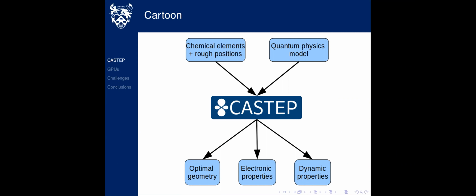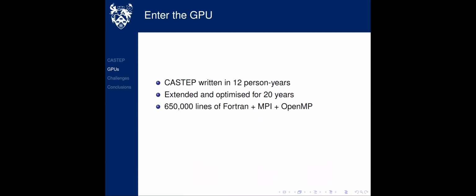Now, CASTEP has got quite a pedigree. The new CASTEP, in inverted commas, was written in around 2000, 2001 by 6 people over 2 years. So there's 12 years worth of effort, and that was 20 years ago. There's been a lot of development, optimization, and new functionality over 20 years.